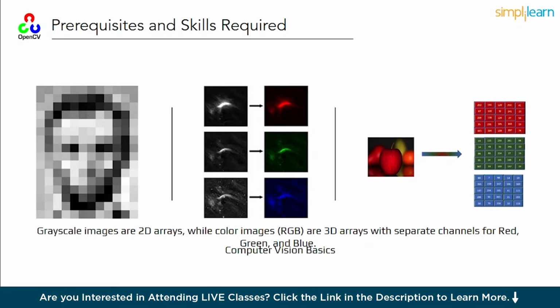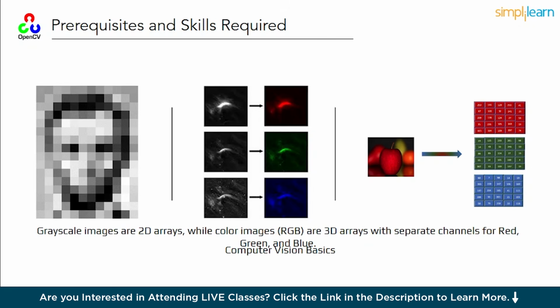We have two different types of images in the real world. One is a grayscale image, which we consider as a two-dimensional array. And then a typical colored image, which is a combination of three basic colors: red, green, and blue. So RGB, what we call that. So we can have an RGB image or we can have a grayscale image.